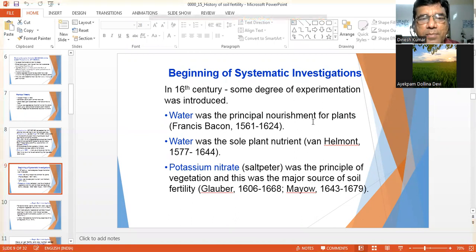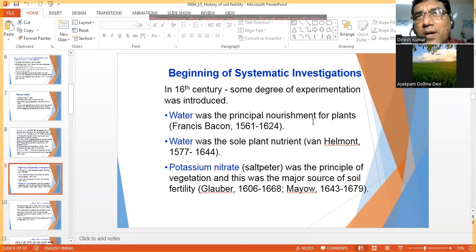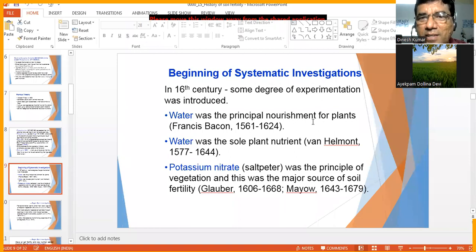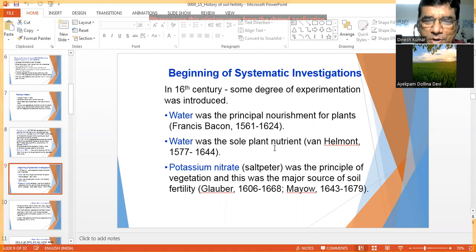One by one, they came up with theories, and theory means where the plant is getting the food to grow from. Some people said that it is just water, which is the food of the plant, the principal nourishment. And then one Helmont said water was the sole plant nutrient. Okay, that is how science progresses.